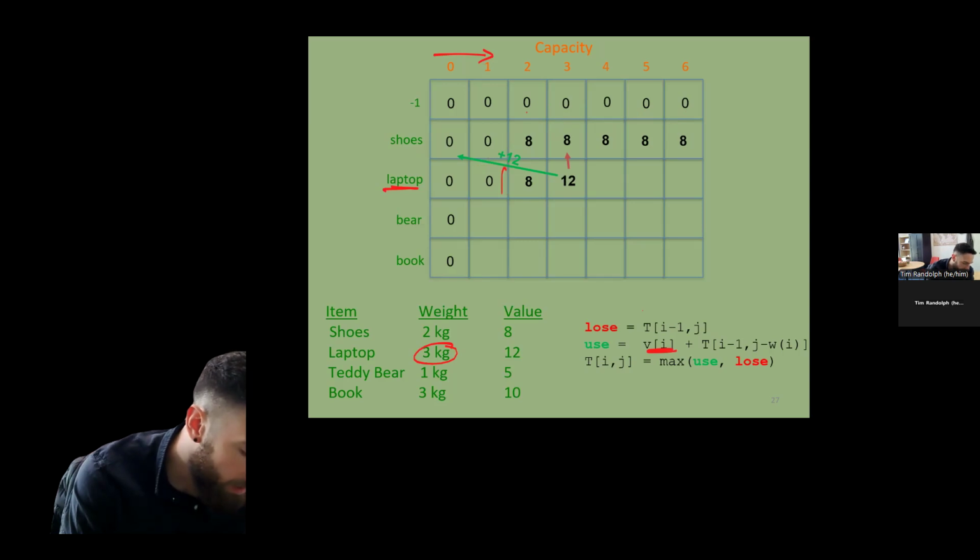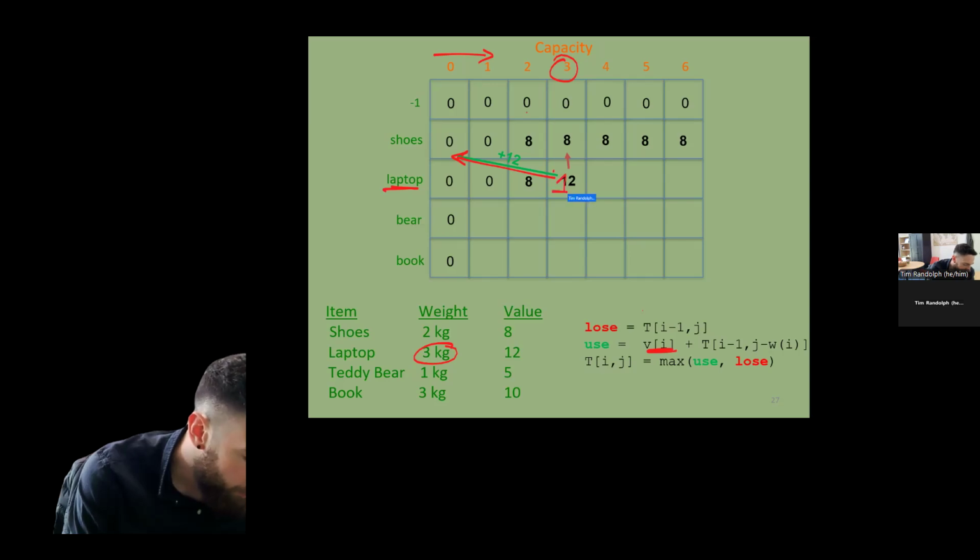And again, the reason why I'm now able to make the use call work is, well, if I'm in this cell, I'm saying I have remaining capacity 3. So if I use the laptop, I'll be going to a place where I use the laptop, I end up with 0 remaining capacity, and I'll be deciding on the shoes.